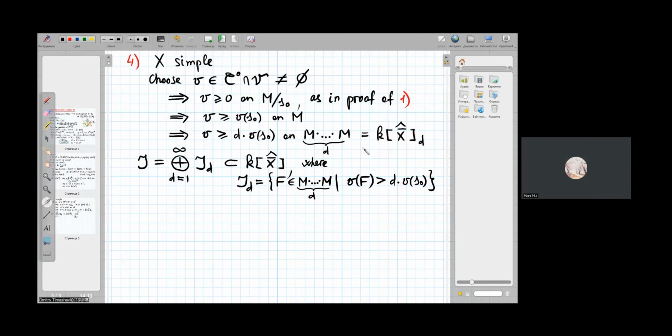Well, so I claim that this is a G stable prime ideal in the coordinate algebra of the affine cone.